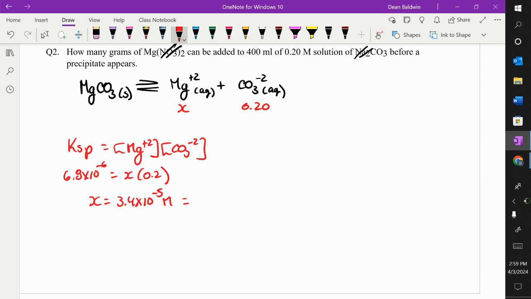So that's going to equal the concentration of Mg2+, which is equal to the concentration of MgCO3. Technically, it's not, but I didn't ask for the concentration. What did I ask for? The grams. So then it's back to grade 11.